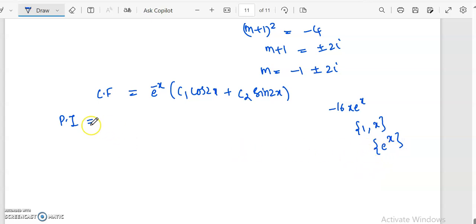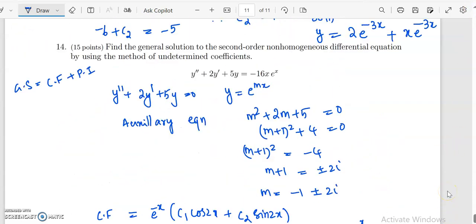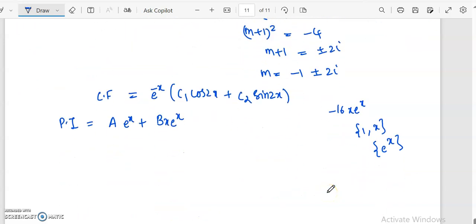So when we write the particular integral, it will have combinations of these two terms. So we can have a e raised to x and b x e raised to x. So this will be the form of the particular integral. It must satisfy the equation, so we need to find a and b.